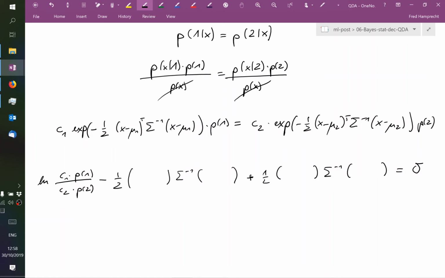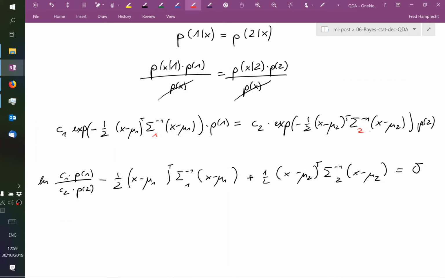Here I was just a bit lazy. Sorry, we have different covariance matrices in general, sigma 1 and sigma 2.